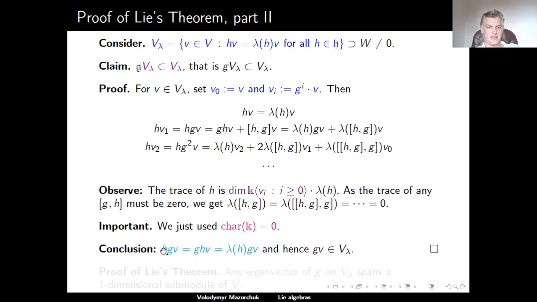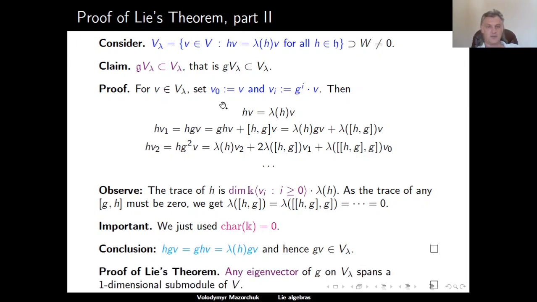If we apply h to g v, then we commute g and h, and the price to pay is the commutator of h and g, which applied to v gives us a scalar, but the scalar is 0. So this summand disappears. The only thing left is lambda of h times g v. But this means that g v is an eigenvector for h with eigenvalue lambda of h. In other words, g v belongs to V_lambda. So this proves that V_lambda is stable under the action of g.